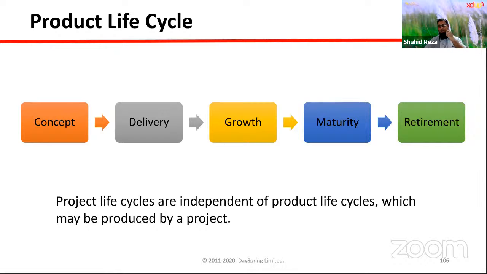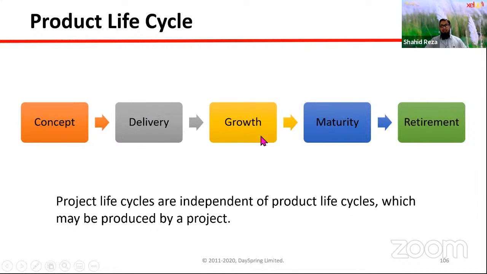Product means when you are creating a product or introducing a product in the market, for example, any biscuit product or any chocolate product or any car. Say Toyota has created a new brand car for the market. First, it was a concept, a new brand or model of car. So first that was concept, then it is created and delivered in the market.